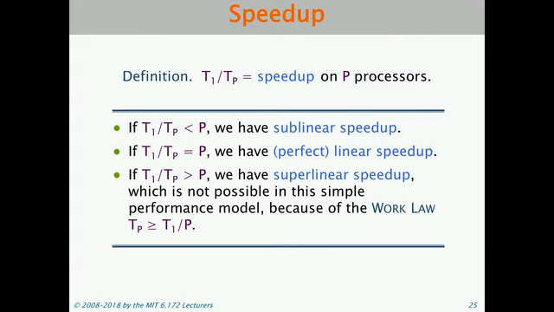In practice, you might sometimes see a superlinear speedup because when you're using more processors, you might have access to more cache, and that could improve the performance of your program. But in general, you might see a little bit of superlinear speedup, but not that much. In our simplified model, we're just going to assume that you can't have superlinear speedup. And getting perfect linear speedup is already very good.